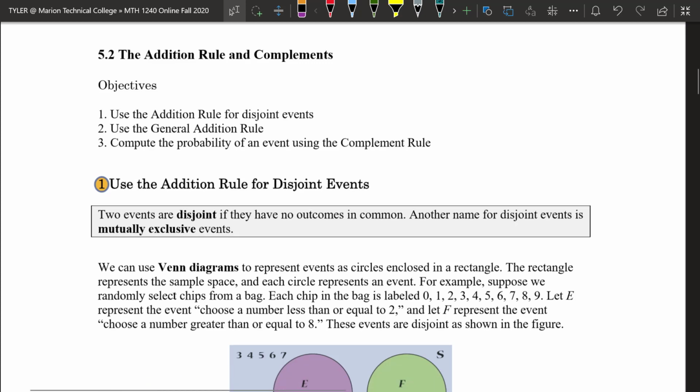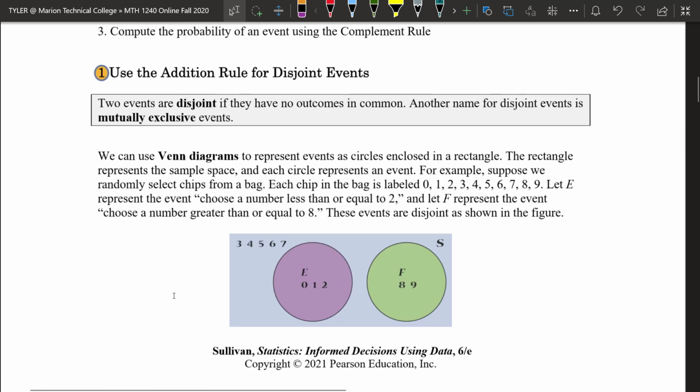So first, let's use the addition rule for disjoint events. Two events are disjoint if they have no outcomes in common. Another name for disjoint events is mutually exclusive. In other words, using set notation, E intersect F is equal to the empty set.